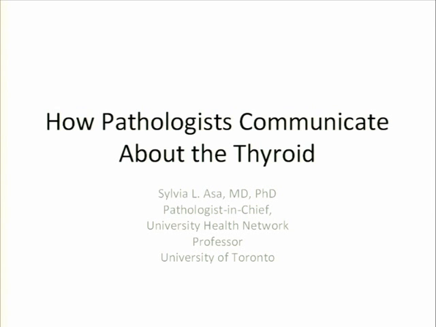The case will unwind as a case where the cytology report indicates the need for surgery, and Dr. Doherty will follow up with his surgical report and things we should be looking for in a surgical report, followed by the pathology report. So we'll have Dr. Asa follow up with the terminology that we should be looking for and questions that we should be asking when it comes to an understanding and interpretation of the surgical pathology.